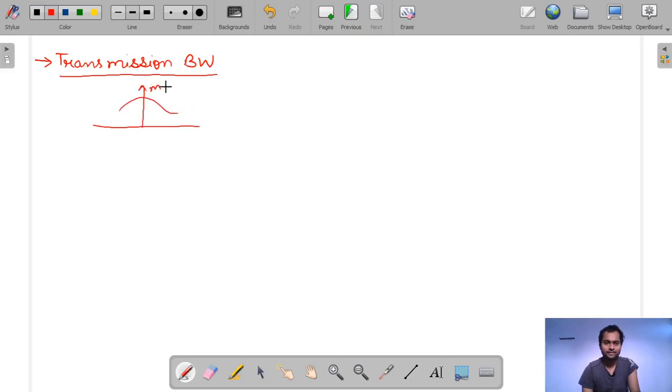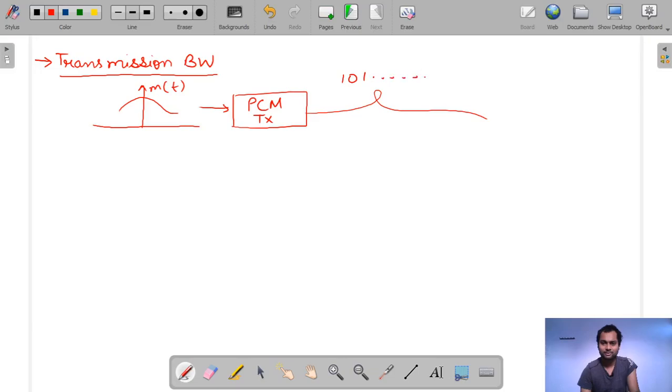This is our message signal m(t), and it is transmitted through a PCM system, a PCM transmitter. After converting this message signal into the digital equivalent, we got the encoded signal like this. So this is now transmitted.